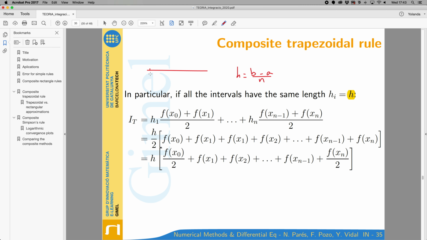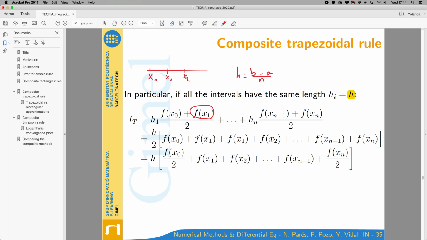Okay, so I have here x0, for example, and x1, and let's say x2. What happens here is that x1 is the right end of the first interval, so that's why it appears here. But then in the next term it will appear also because it's the left end of the second interval.